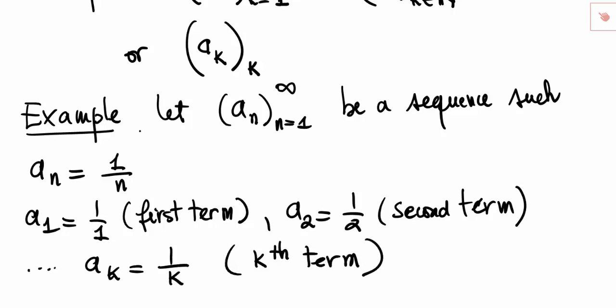One way to visualize what the sequence looks like is to look at how the terms are occurring on a real line. So suppose this is the real line. Now the first term of our sequence is 1. Let's put 1 somewhere here. So we'll have a1 is 1.